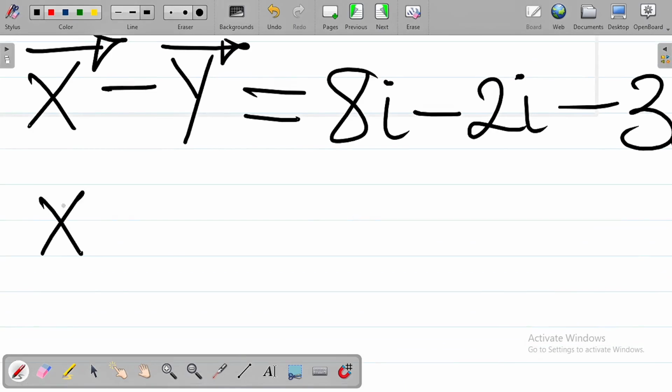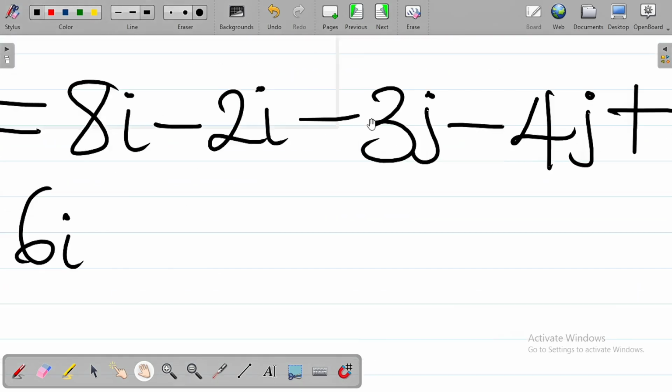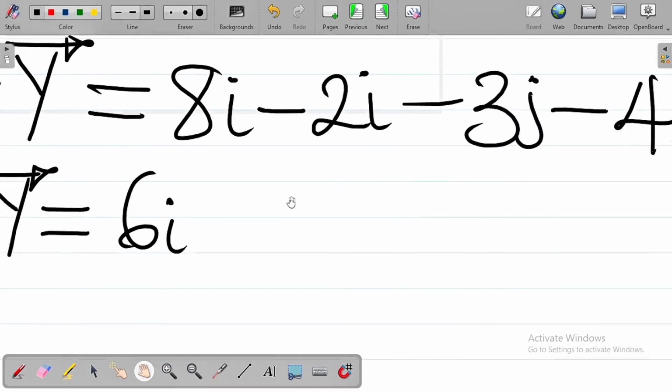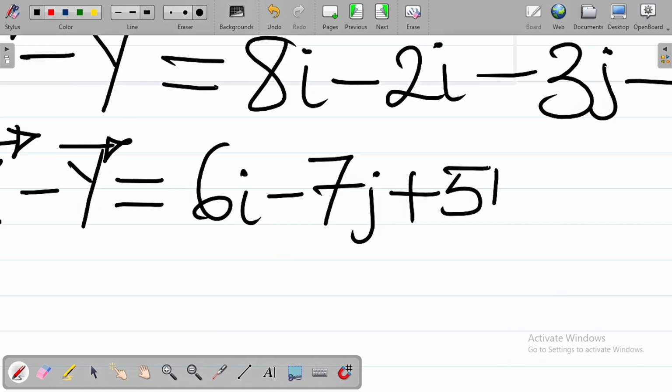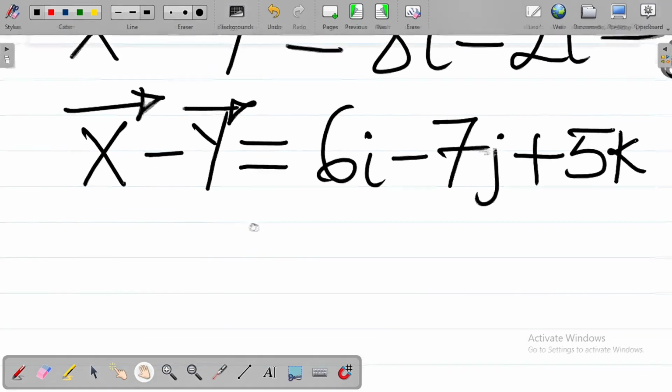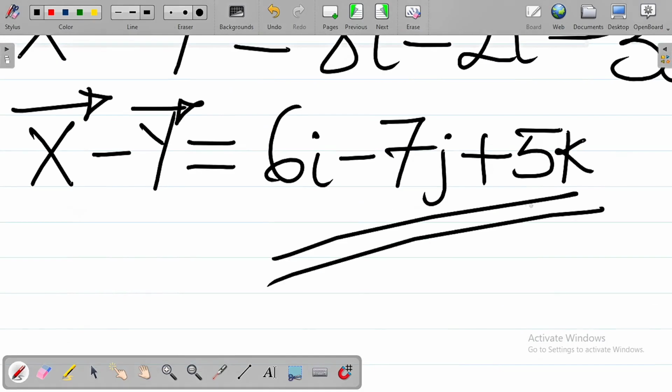So therefore, vector x minus vector y is equal to 8i minus 2i gives us 6i, minus 3j minus 4j is minus 7j. So we have a minus 7j and then plus 5k. All right, so this is our final answer.